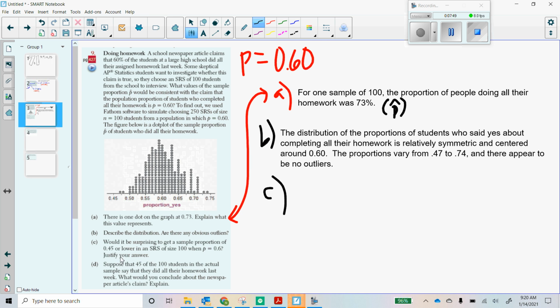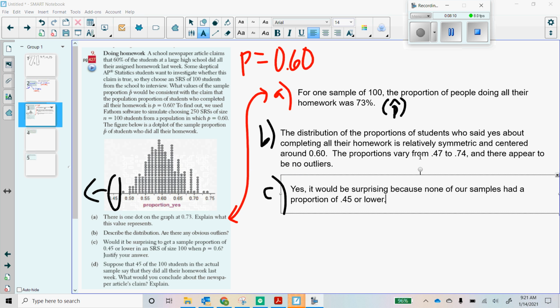But this specifically says 0.45 or lower. Do you notice how there's no dots at 0.5 or lower? So that would be surprising to get a sample proportion lower than 0.45. And the justification would just be none of our samples did that in our simulation. All right, so it would be surprising because none of our samples had a proportion of 0.45 or lower.